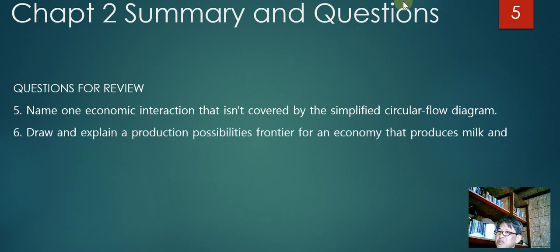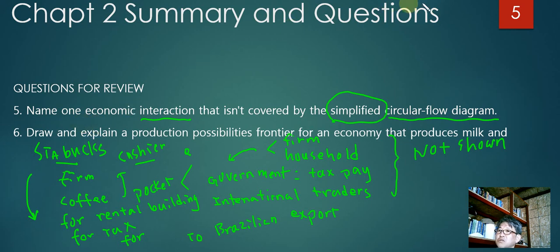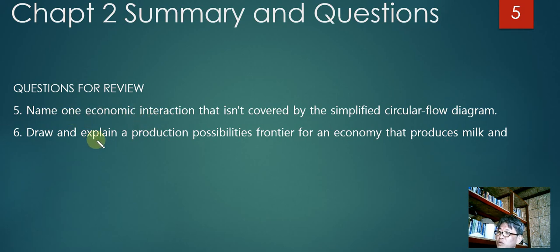Question number 6, asking to draw. I will delete all of this. So draw and explain the production possibility frontier, right? The production possibility frontier for an economy that produces milk and what? Okay, I think we have some wrong questions here.